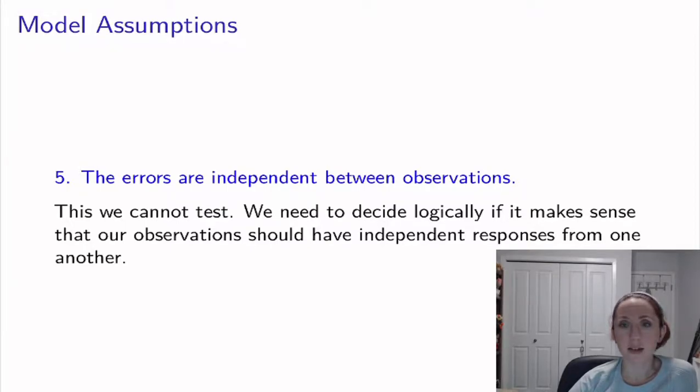Then our last assumption, that our error terms are independent between our observations. We're not looking at tests for this. There are some tests for independence well beyond the scope of what we're doing here. Most of what you're going to be doing is thinking about how the data set was collected. Does there seem to be any reason why our error terms or our observations are going to be affecting one another?